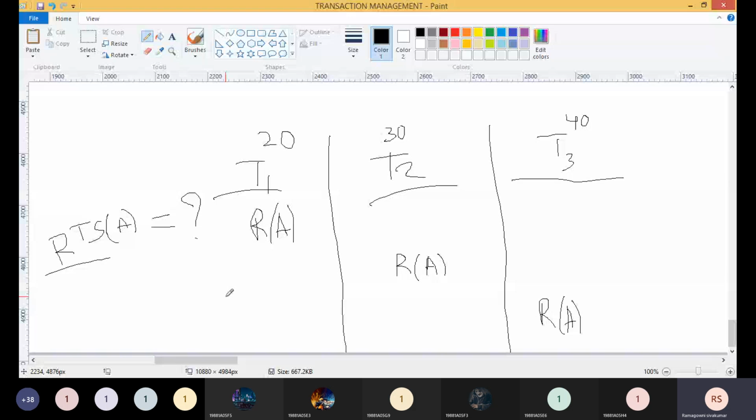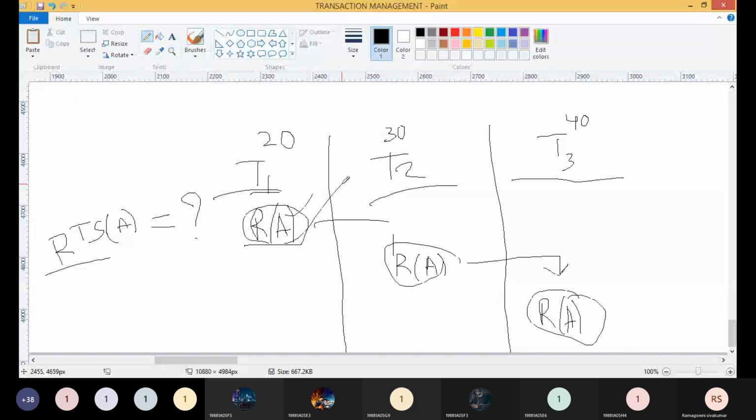Just consider the latest value. How do you know the latest value? First, what transaction do we perform? Read operation on a data item in transaction 1. This is the first one, right? Then this is the second one. Then this is the third one. So which one is latest? What is the value of timestamp of a data item?